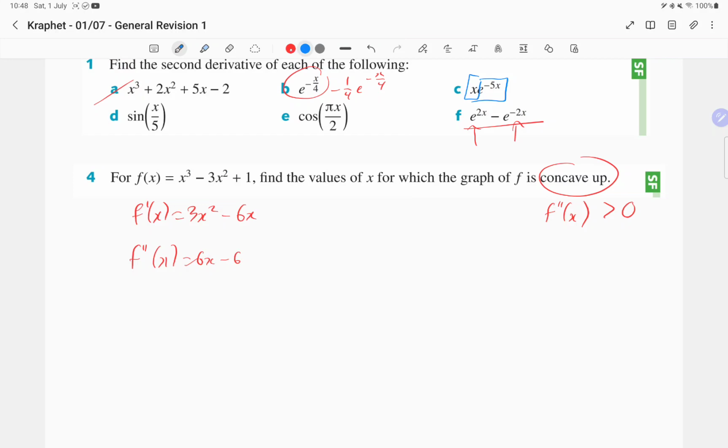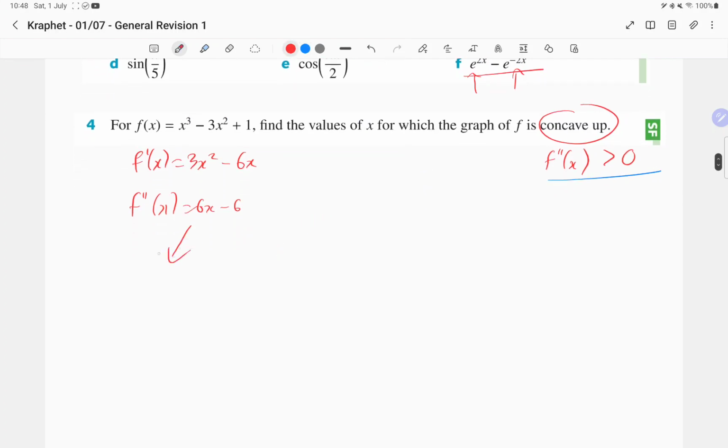Now there are 2 ways of solving for when the second derivative is more than 0. First is you can sketch it. This is a linear equation, right? When you sub x equals 0, y is negative 6, and when x is 1, y is 0. So it will be like this. 6x minus 6, the gradient is 6.